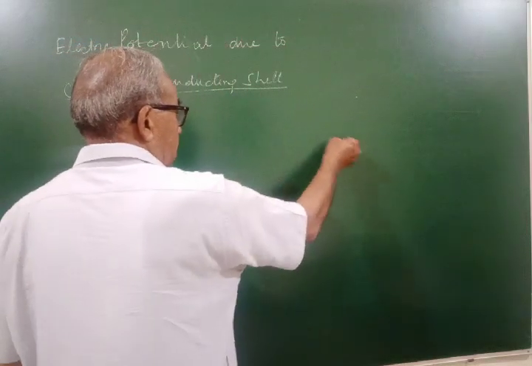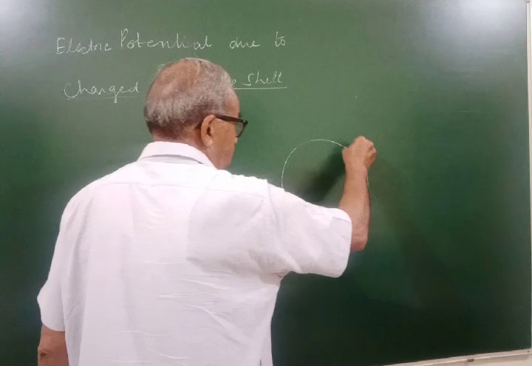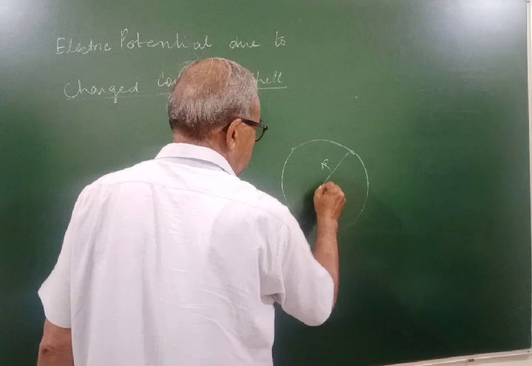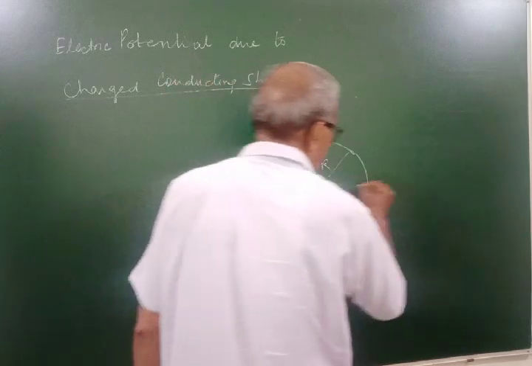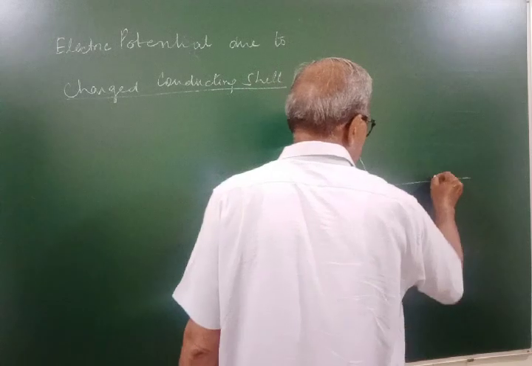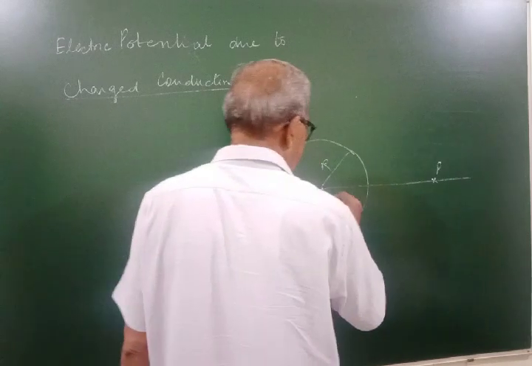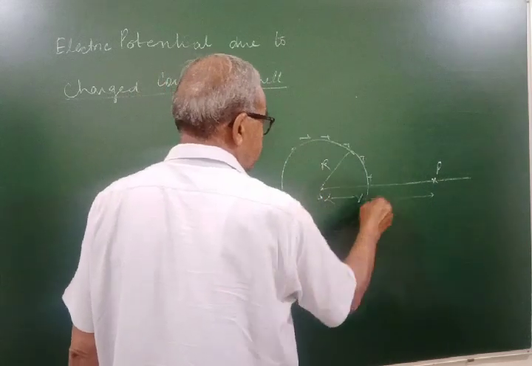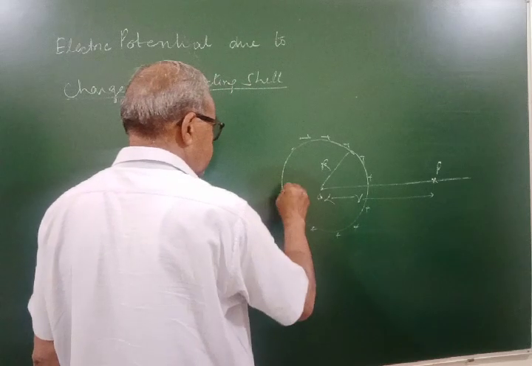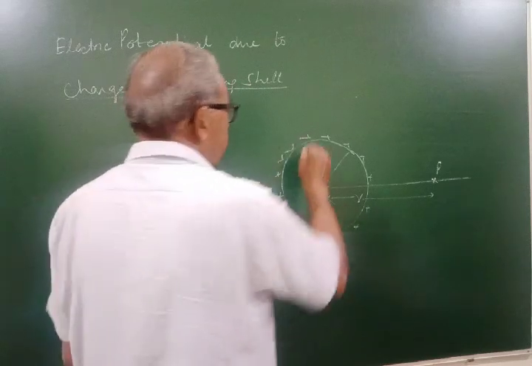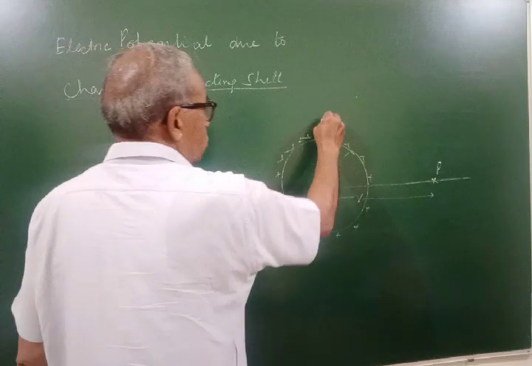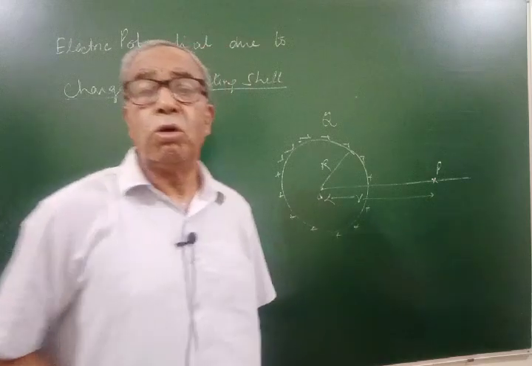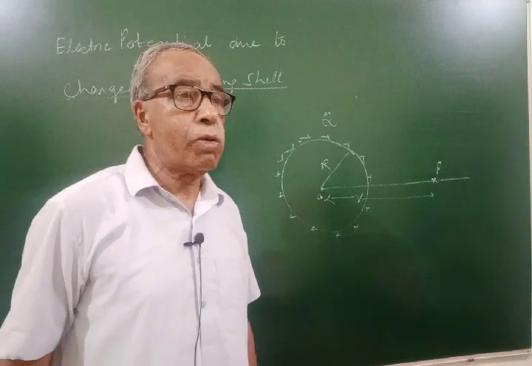Suppose here it is a charged shell whose radius is capital R, center O, and here is a point P outside at distance r, and this shell has total charge Q. In this figure, it is a conducting shell of radius R having charge Q distributed uniformly over the whole surface.